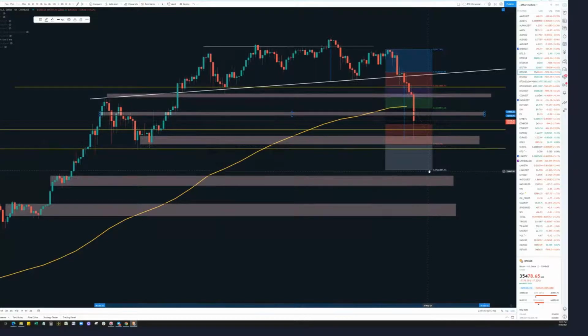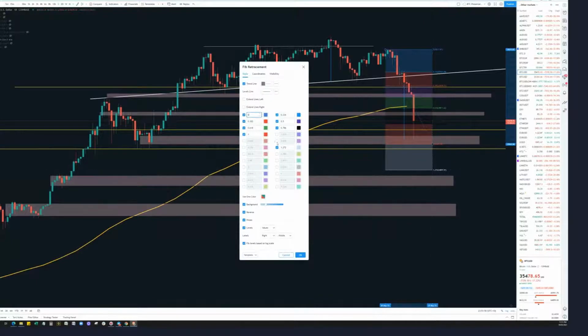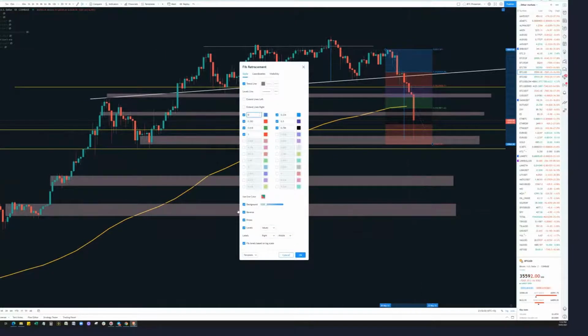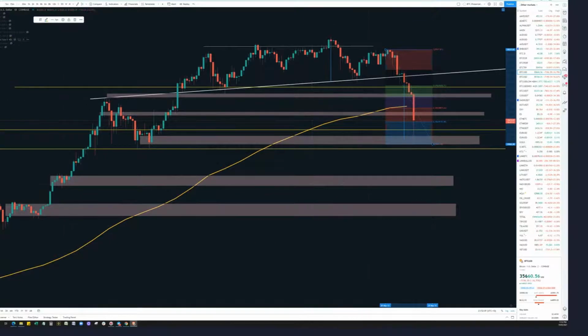Okay, so actually here we go. Just get rid of that 1.2 because that's a bit confusing. And let's just flip this around. So if that was our bottom, we need to see price at least get to that level, which is 45k, and then potentially find this area.